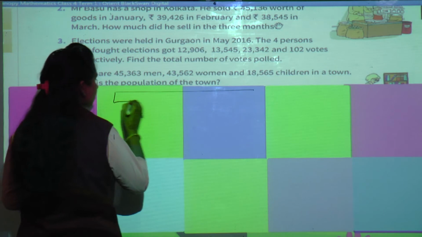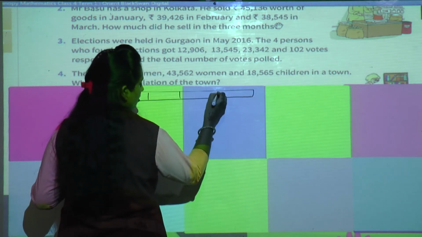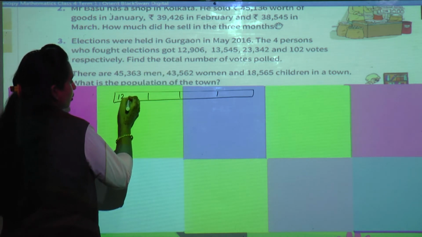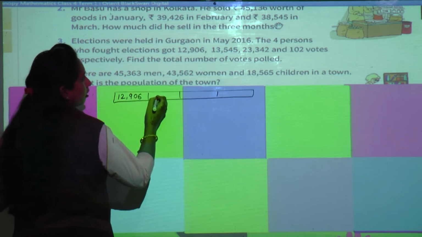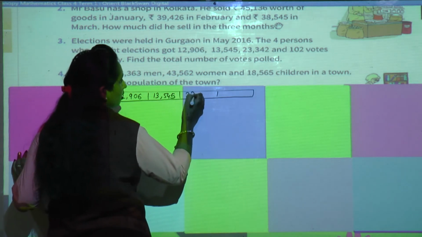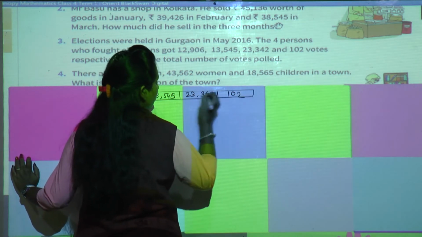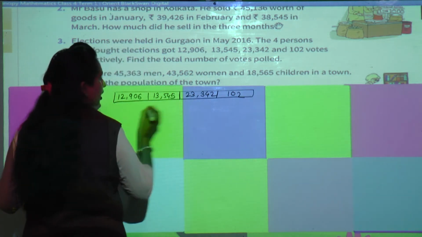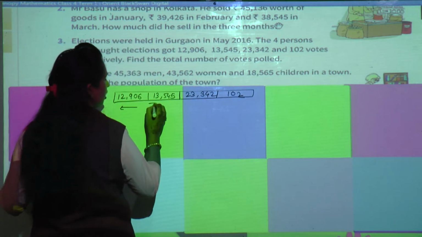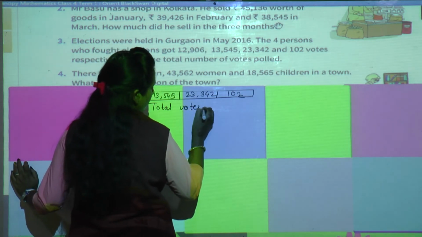See here. First person, second person, third person, fourth person. So you can directly mention the numbers here. And the last is 102. So we have to find out the total votes.